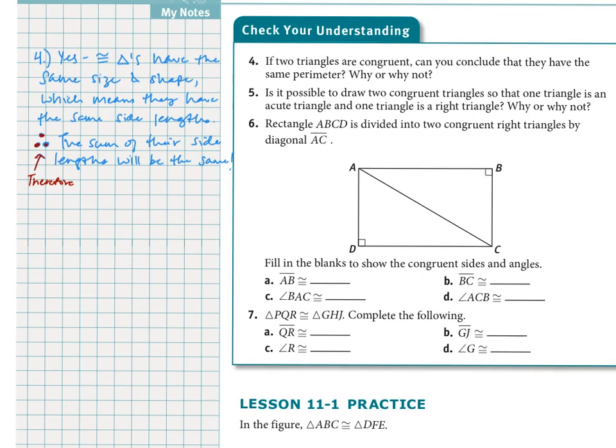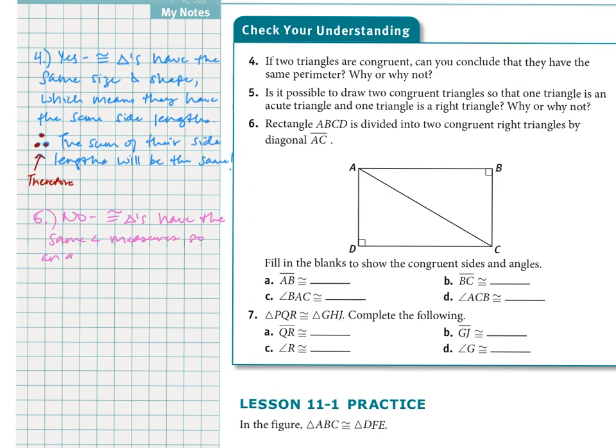So let's go ahead and write down number 5 in the margin. We're going to say, no, it's not possible. Congruent triangles have the same angle measures, right?